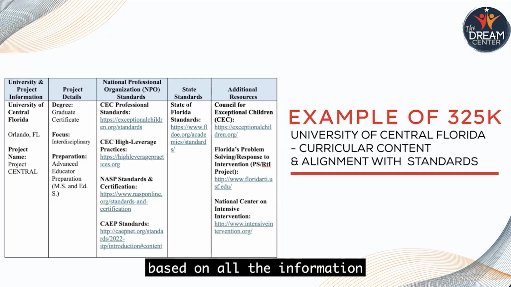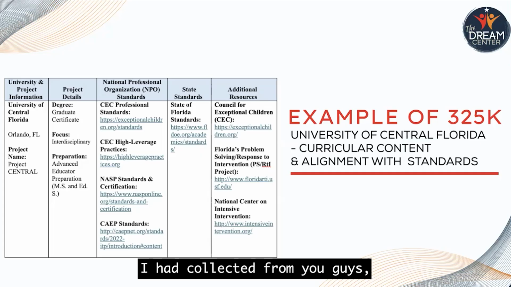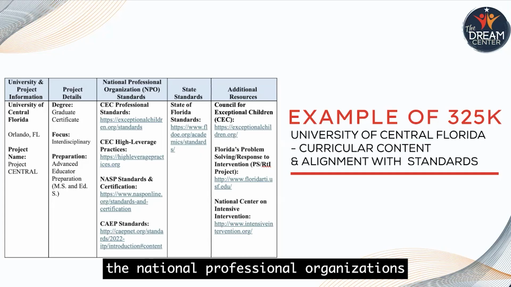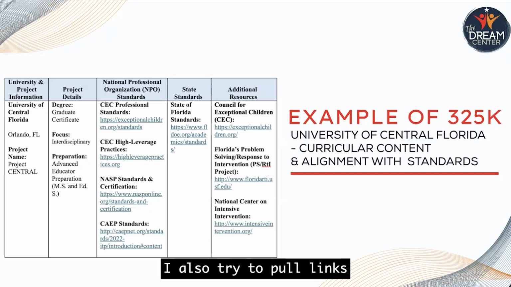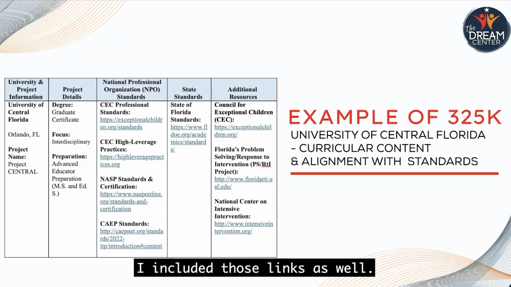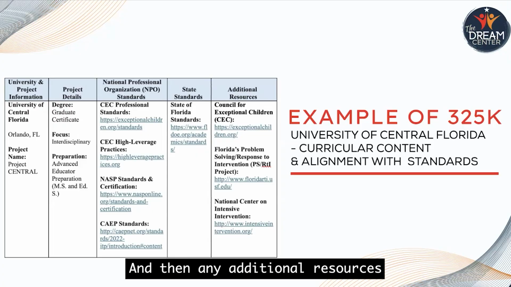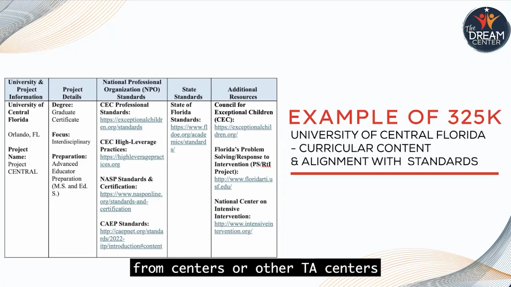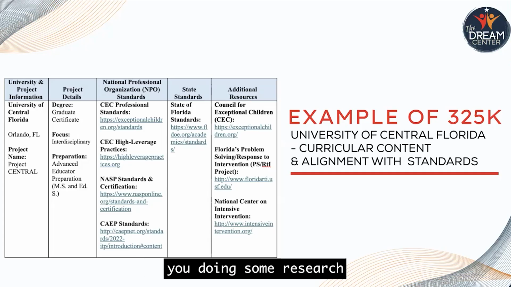The project details based on the information I had collected from you guys, the national professional organizations that are part of the degree program that you're working on. I also tried to pull links for state standards. For those of you that were focusing specifically on teaching licensure, I included those links as well. And then any additional resources from centers or other TA centers that we've collaborated with that could also benefit you doing some research with them for your center. Now, it's not meant to be a fully exhaustive list.